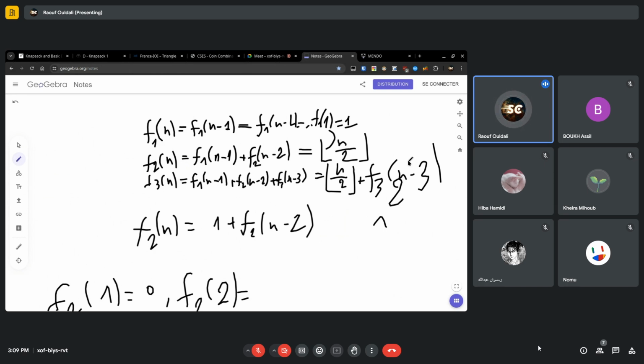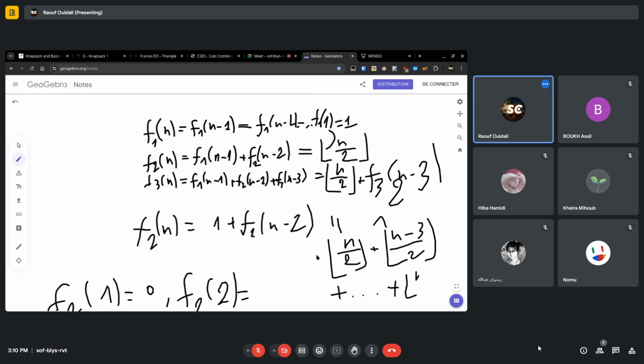And then we find that this is equal to n over 2, until we arrive at either 2, 1 or 0 over 2.